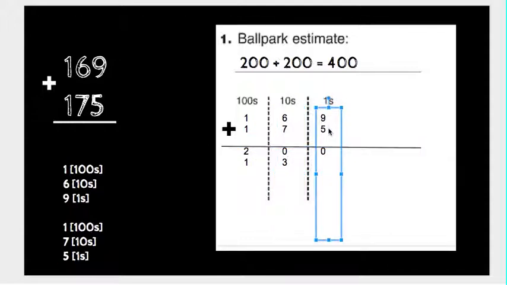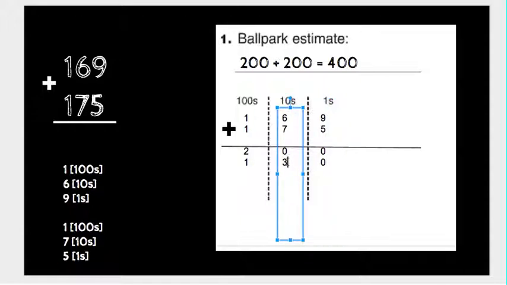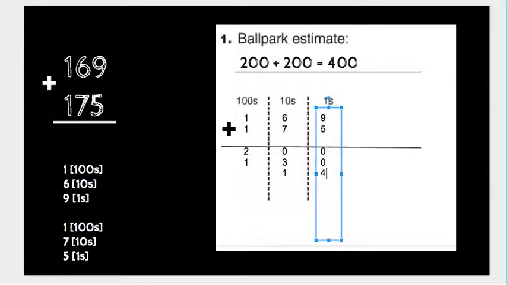Nothing in the 1s column because we are just adding up the 10s that time. And then let's add up the 1s. 9 1s plus 5 1s would be 14. We can't put 14 here, so just as before, we have to move over to the 10s group. So I am going to put the 1 for the 14 underneath that and bring the 4 down.